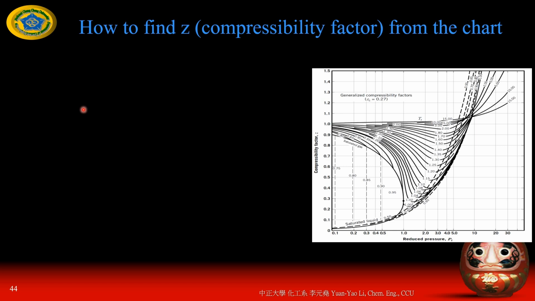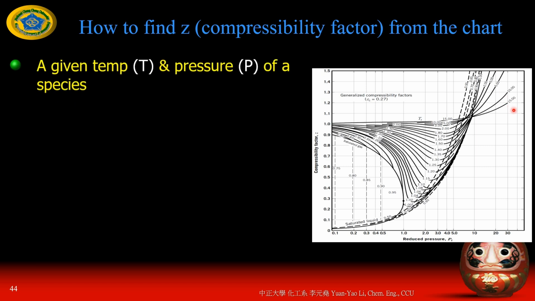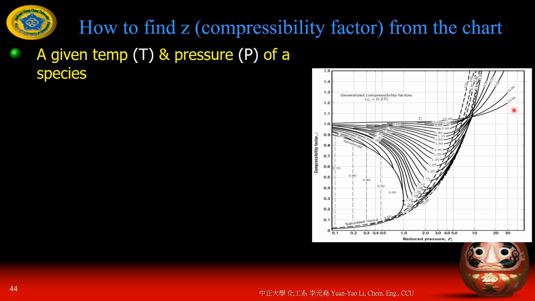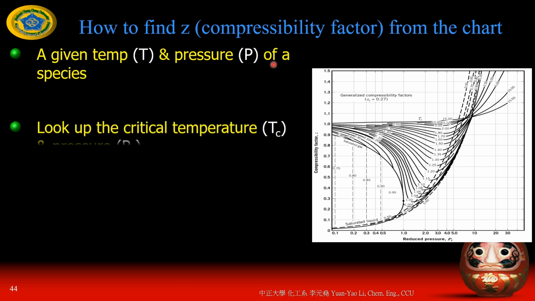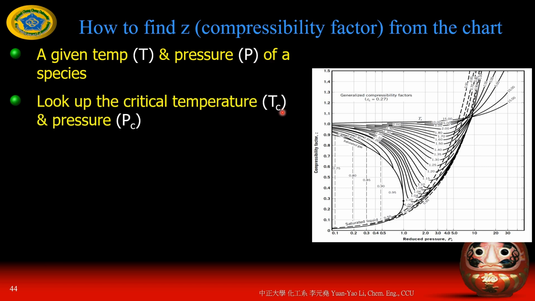So how to find Z? Compressibility factor from the chart. I give you a temperature and pressure, for example, 300 Kelvin and 1 atm for nitrogen.